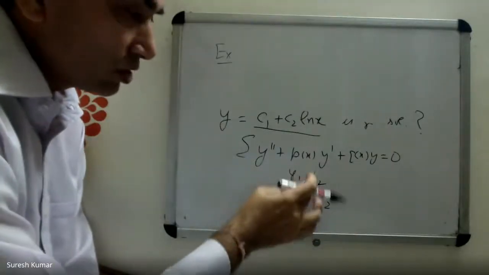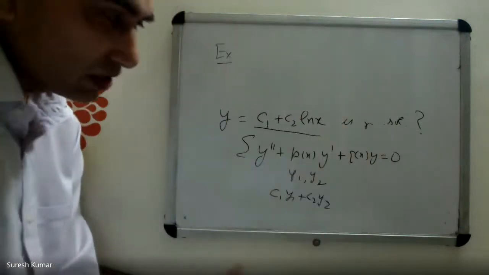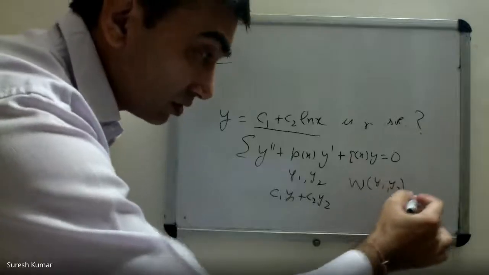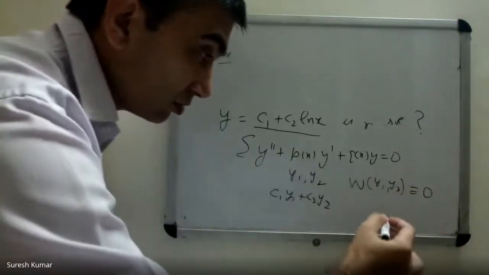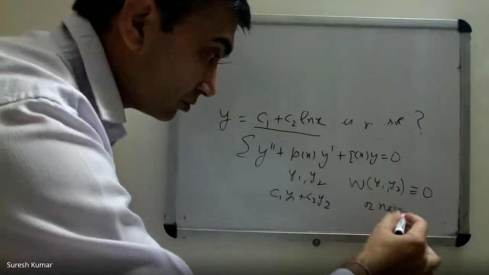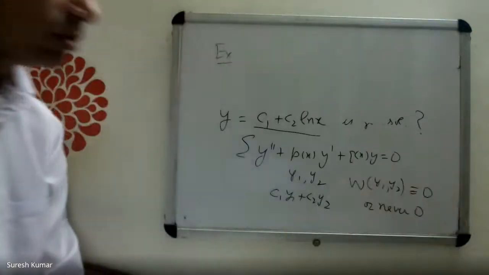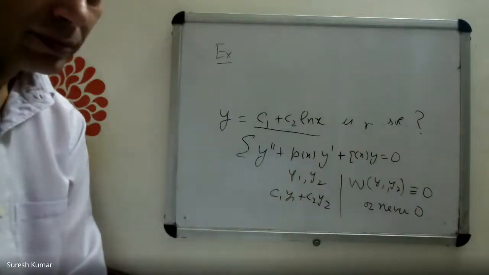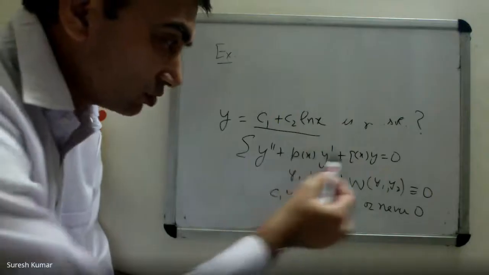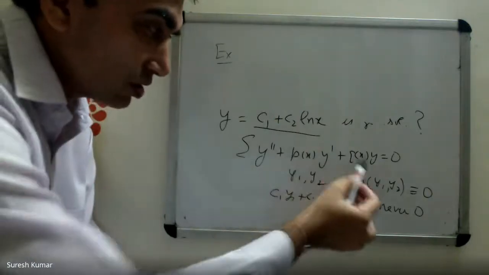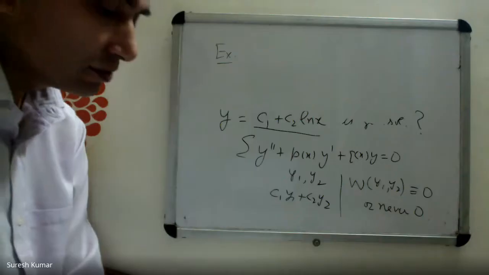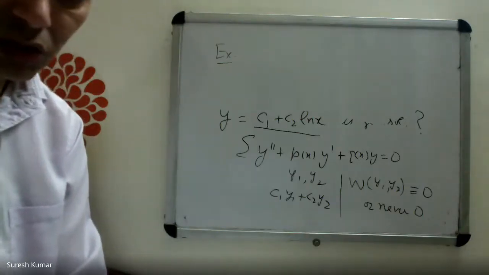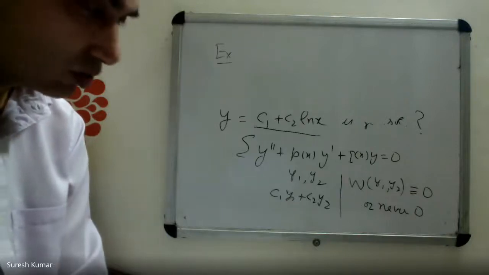If y1, y2 are two solutions of this differential equation, you have learned a result that Wronskian of y1, y2 is either identically zero or never zero. Do you recall this result? If y1, y2 are two solutions of this homogeneous linear differential equation, then Wronskian of y1, y2 is either identically zero or never zero.